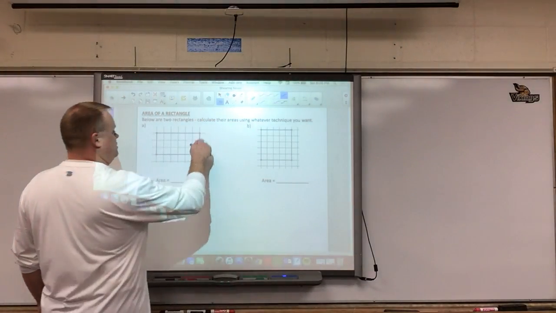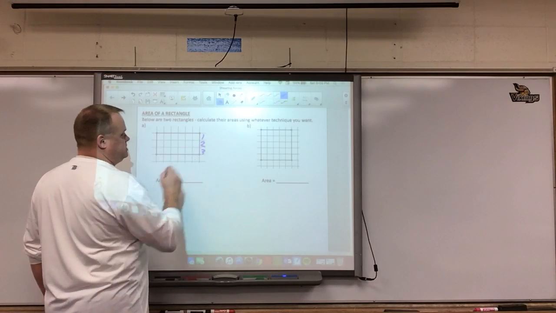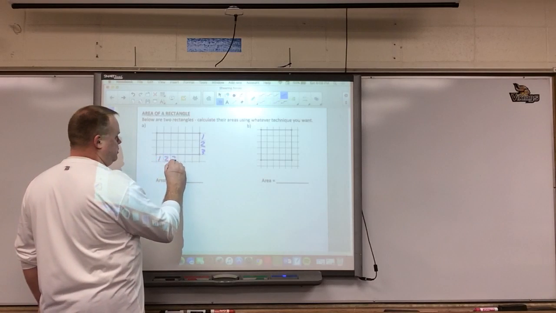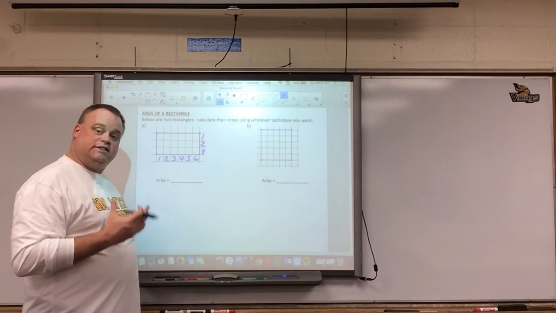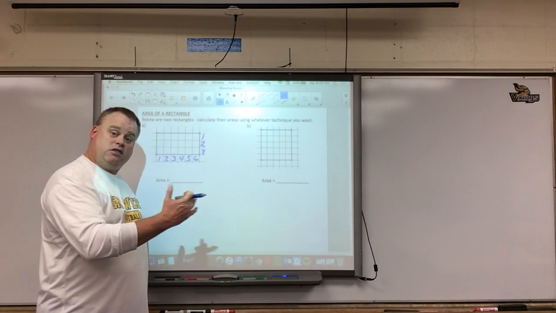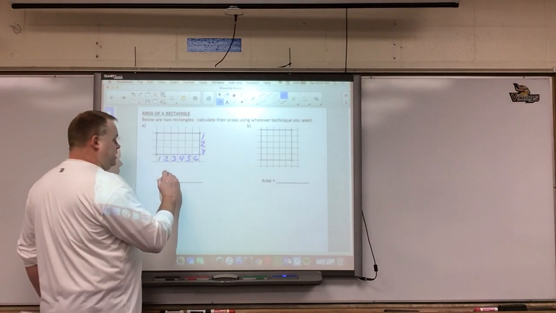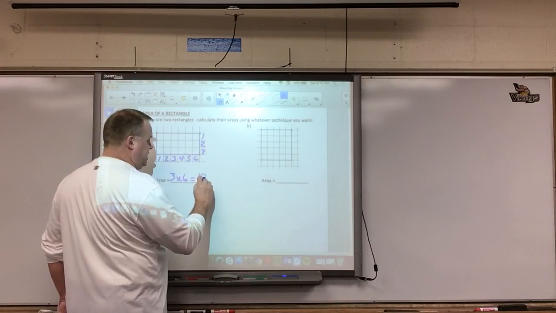So I look at this, I want to see the width. Well, from point to point, this is 1, 2, 3 spaces. From point to point, I've got 1, 2, 3, 4, 5, 6. So this rectangle is 3 wide by 6 length, right? 3 by 6. So wouldn't that be area 3 times 6, or 18?